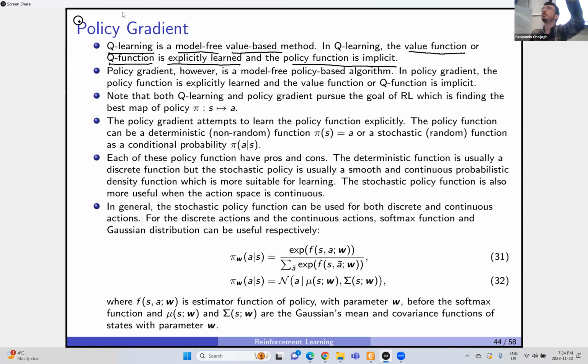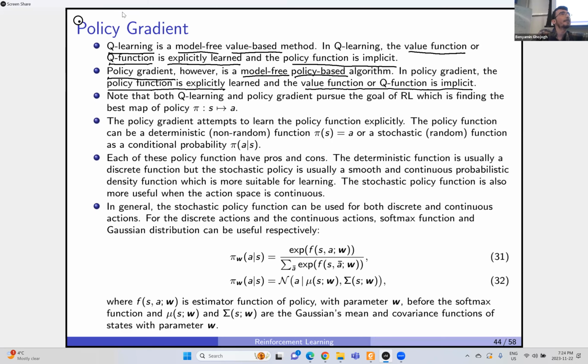We never learned the policy. Now we have another algorithm named policy gradient. It's the other way around. It learns the policy function explicitly, but the value function or Q function is implicit. By the way, both Q learning and policy gradient are model-free, but one of them is value-based and the other one is a policy-based algorithm.